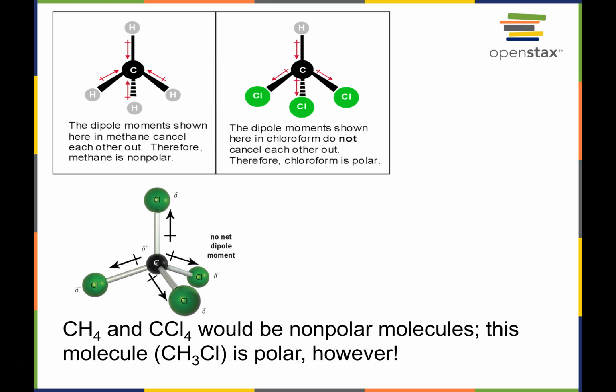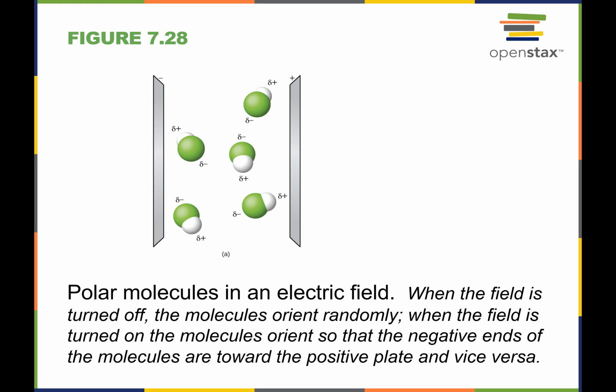If you have a polar molecule, I just think this is adorable, you will have an overall region of positiveness and an overall region of negativeness, at least one on that polar molecule.